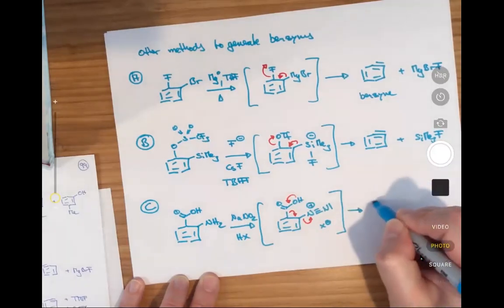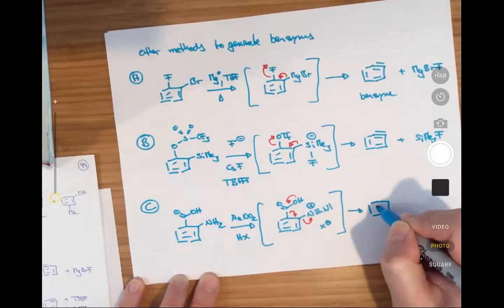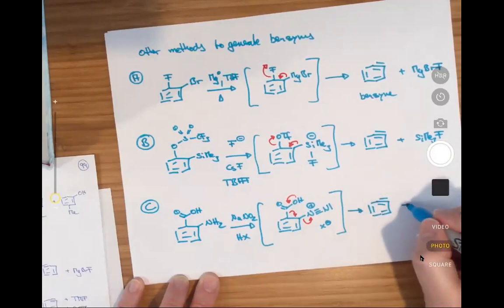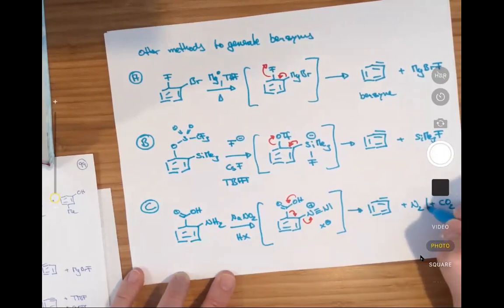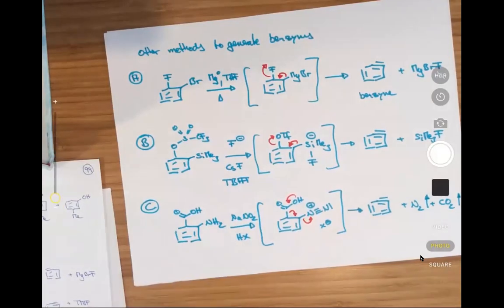And that then gives us another way to form an arene or a benzyne, right? Plus N2 that escapes the reaction mixture plus CO2. And both of these basically can be removed from the reaction mixture.